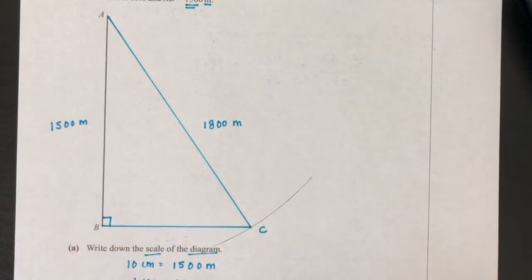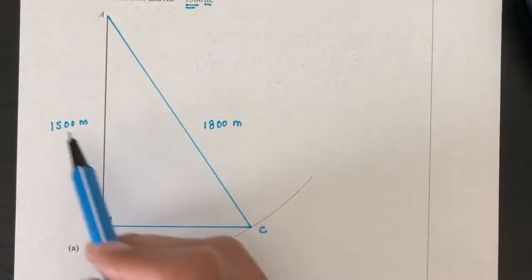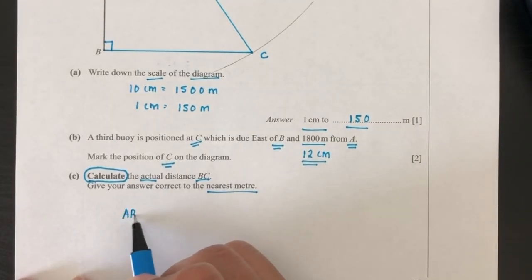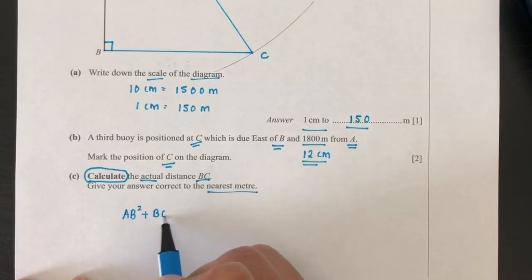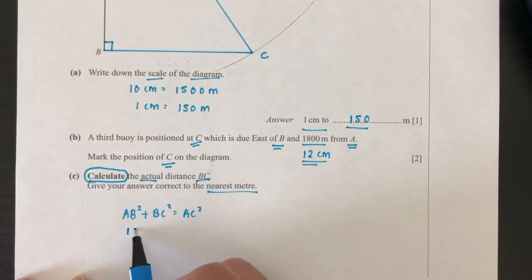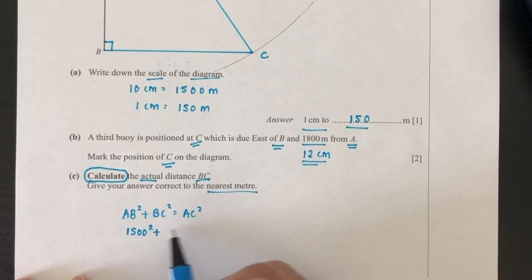So you can find BC by the Pythagoras theorem. So one side, we have this value and this value. So as you know already, AB square plus BC square is equal to AC square. So that will be 1500 square plus BC square equal to 1800 square.